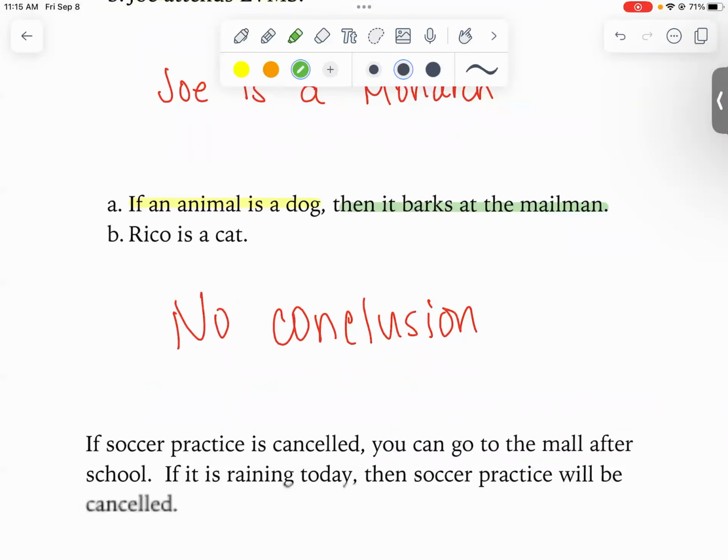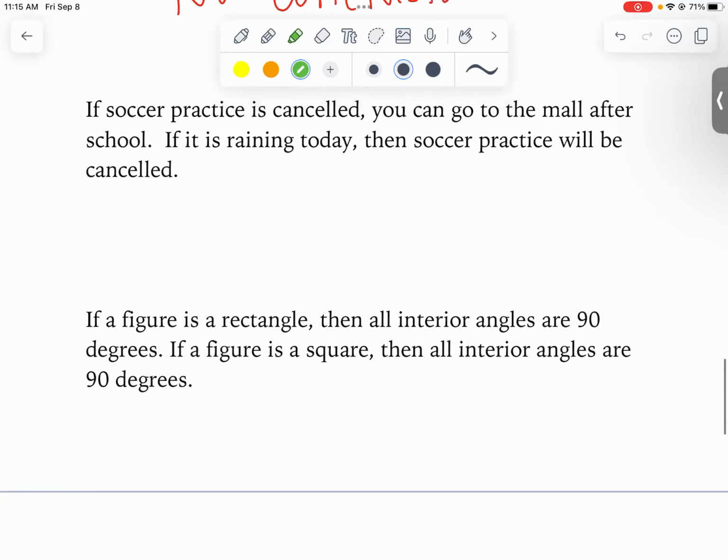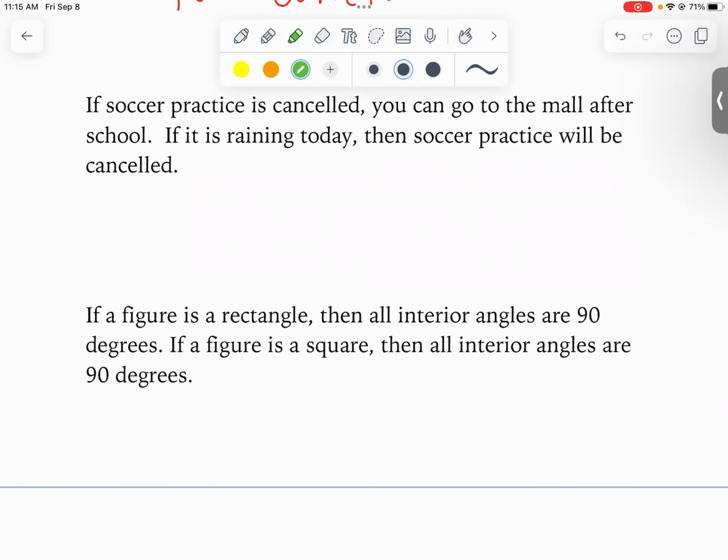All right. Now, these next two are the law of syllogism. So I want you to come up with a conclusion. If there is a conclusion, you are basically writing a new conditional statement from these two. Okay. So write down what you think works.